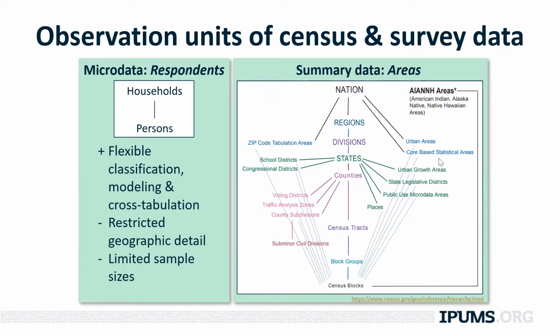They include the complete sample, and they can summarize data at very small levels of geographic detail. So in US Census data, these are the main units of analysis in the geographic summary data that we provide through NHGIS. And you start with nation level tabulations, but you can get all the way down to individual census blocks, which is a great deal more geographic specificity than in microdata.